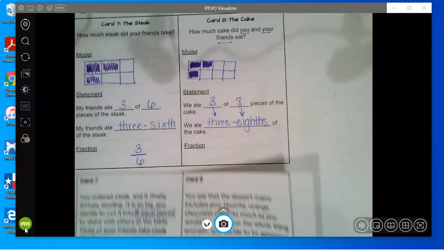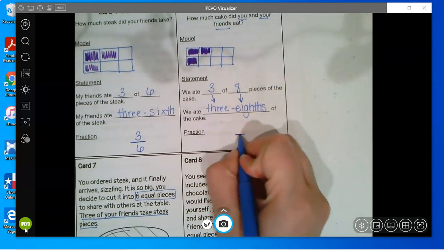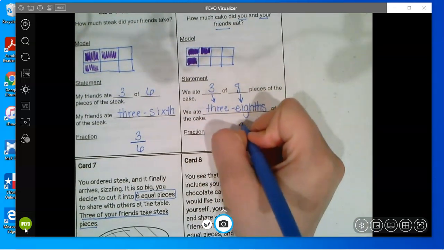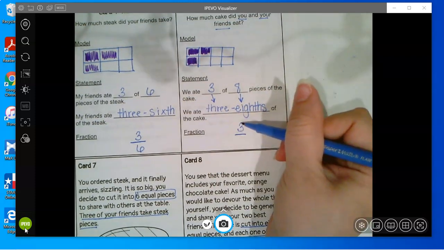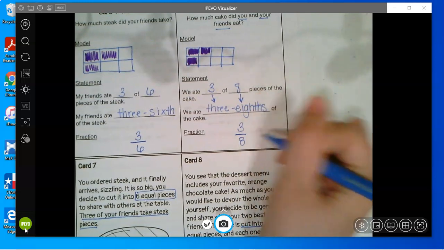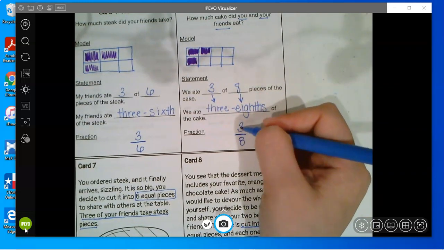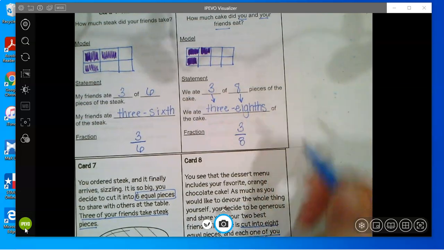Now, in 3rd grade, we learned how to write it using the fraction line or fraction box. So my numerator is 3 because that's how many pieces we ate, and my denominator is 8 because that's how many equal parts or equal pieces in my whole that I have.